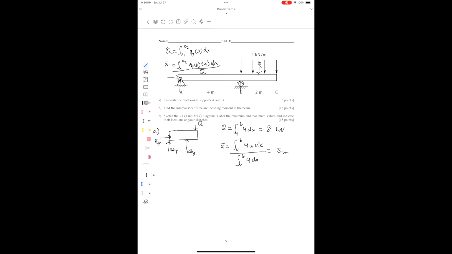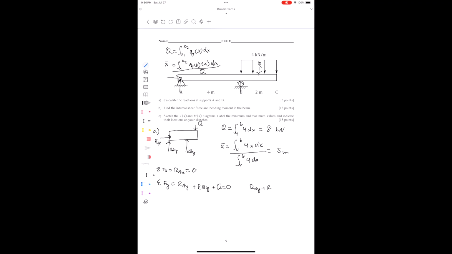All right, so now we can solve for our reaction forces. Sum of forces in the x is just RAX, so that's just going to be 0. And then sum of forces in the y, we have RAY plus RBY plus Q equals 0.